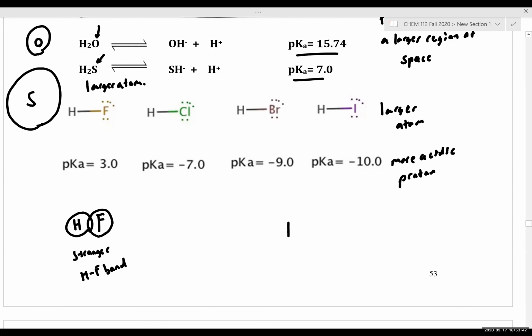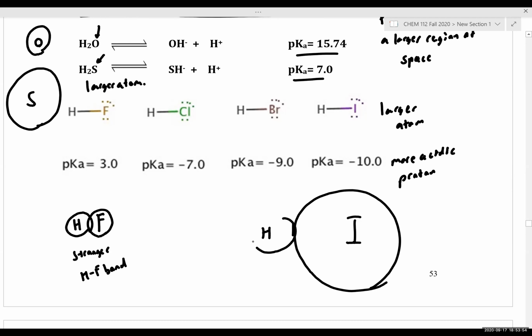If we compare that to a hydrogen-iodine bond, where iodine is pretty massive, we have a weaker hydrogen-iodine bond, and as a result, we have a stronger acid.